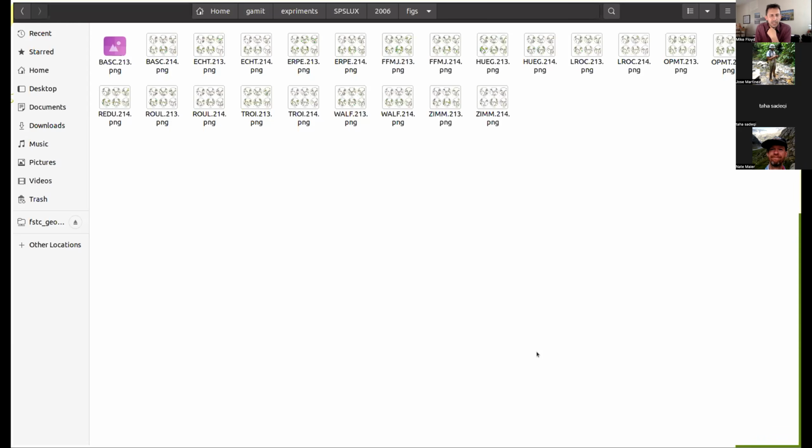Yeah. GAMIT just produces what we call a loose solution. And GlobK actually adds additional constraints and does the reference frame transformation and all of that stuff that we've talked about. And it's the output of GlobK that is your final position that you would see, plotted on a time series kind of thing.